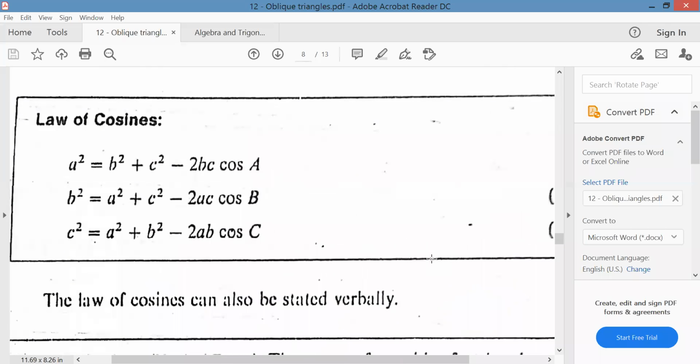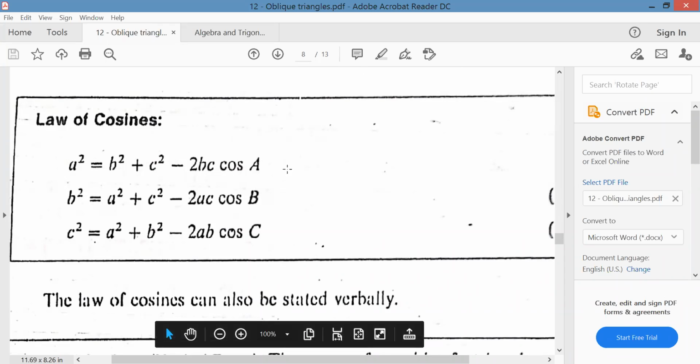These are all in front of you on the screen. Small English alphabets a, b, c are used to denote the sides of the triangle, and capital A, B, C are used to denote the angles at the respective vertices.